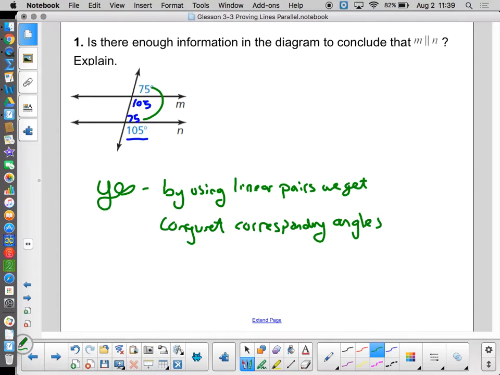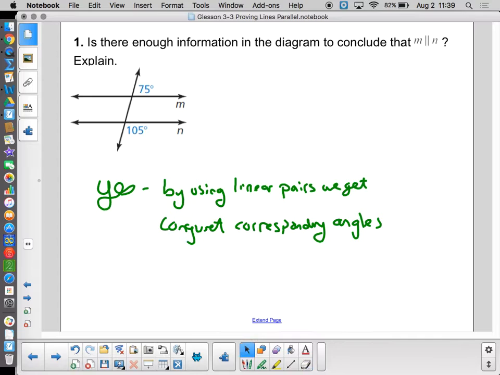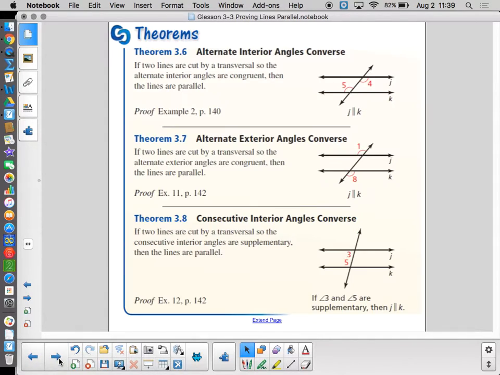So sometimes we have to do a little bit of extra work to make the conclusion. Based on just the facts we were given to start with, just the 75 and 105 in their original positions, was that enough to prove the lines are parallel? No. But with just a little bit of additional detective work, we're able to get to that conclusion.